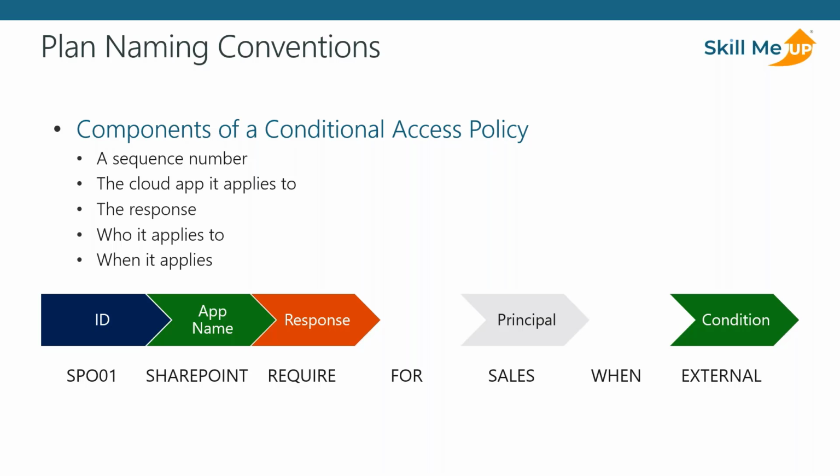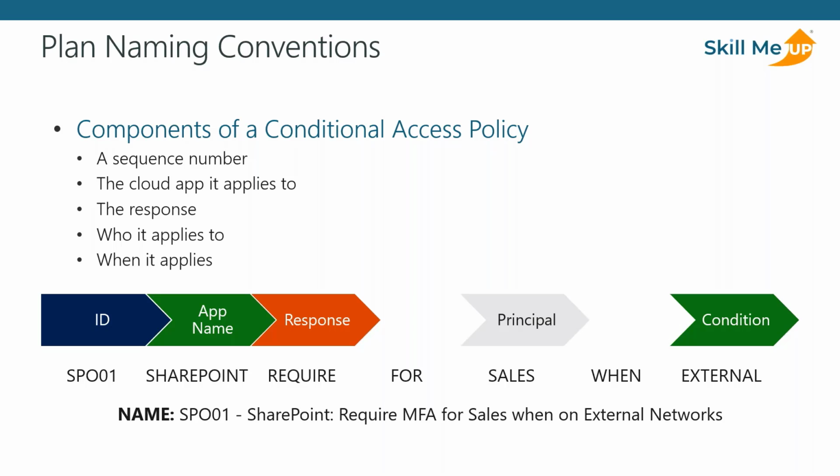The app name that I'm going to be connecting to and protecting is SharePoint. The response is I want to enforce or require something. And then you've got the for option, which is going to be joining. So for the sales, which is the security group, and when it meets a specific condition of outside. So what I end up with is a naming convention that's called SPO01-SharePoint require MFA for sales when on external networks.